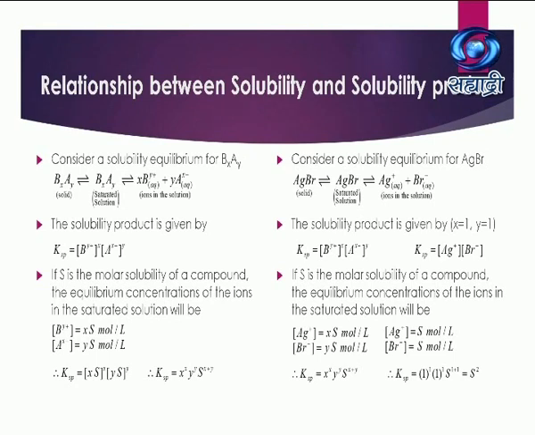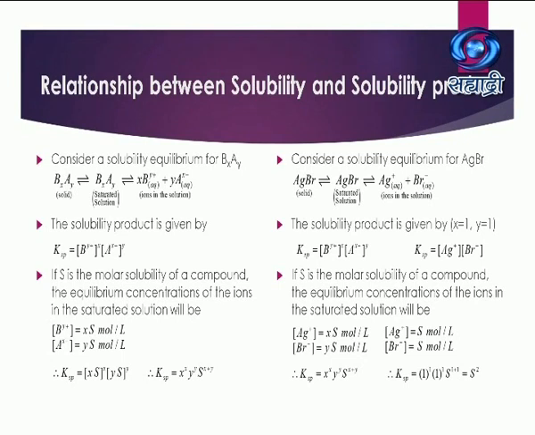Similarly, according to the balanced equation, y moles of anions are present. And so I have to multiply y by S to find the active mass of the anion, that is the A^x- ion. So the active mass of the cation is xS moles per liter. The active mass of the anion is yS moles per liter. Now once we know the active masses, let's substitute in the above expression and simplify.